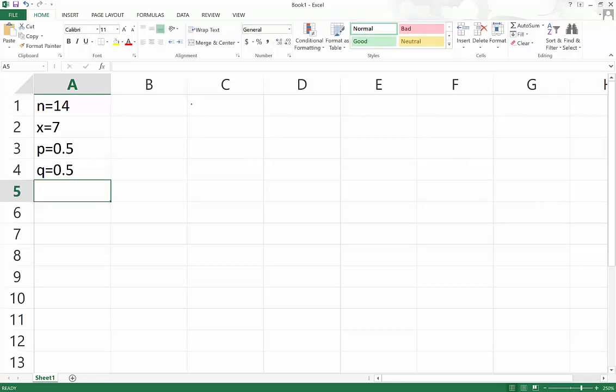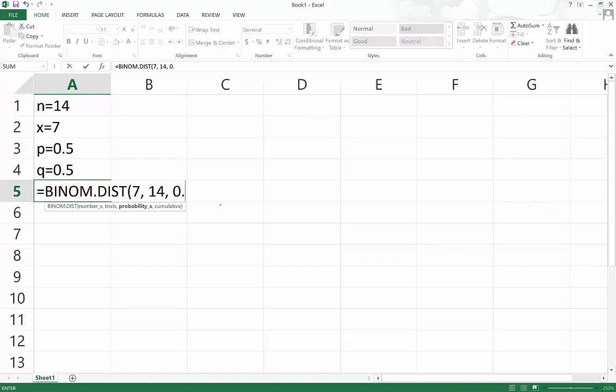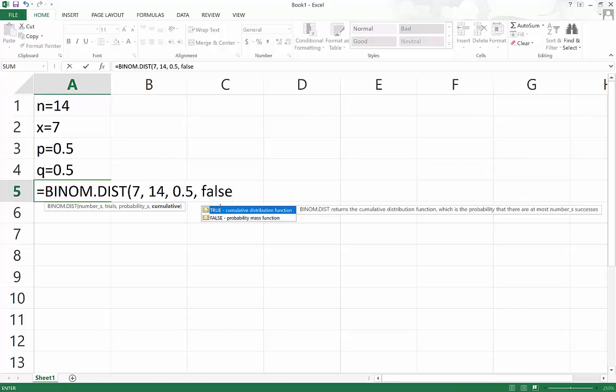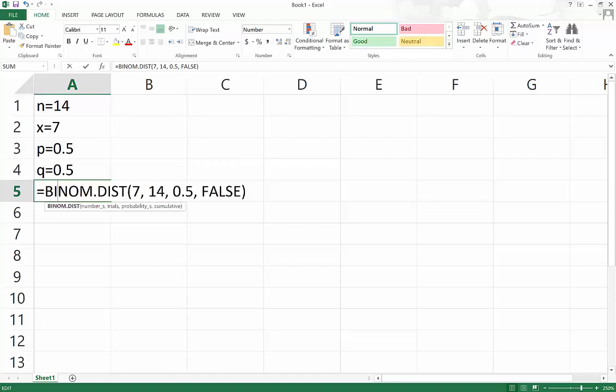So the binomial probability in this case will be equal to BINOM.DIST. We put in the number of successes, 7, trials, 14, probability of success 0.5. It's non-cumulative, so false. In this case, you get exactly 0.209 if you round to 3 decimal places. That's how you find the binomial probability distribution in Excel.